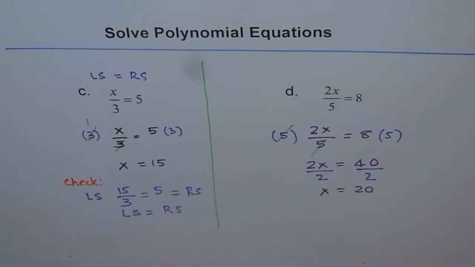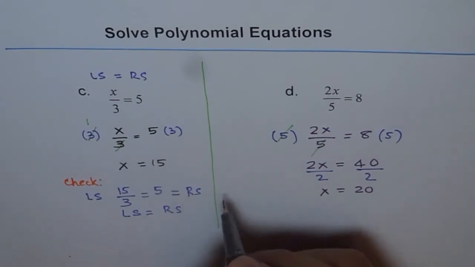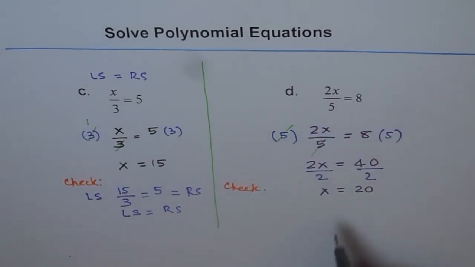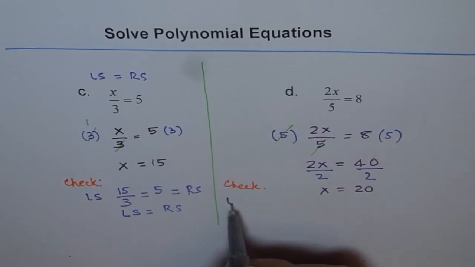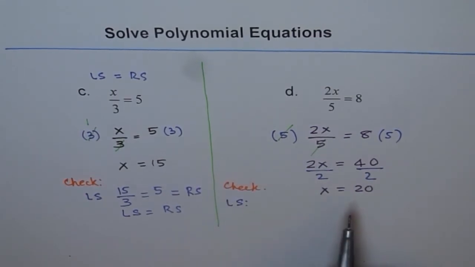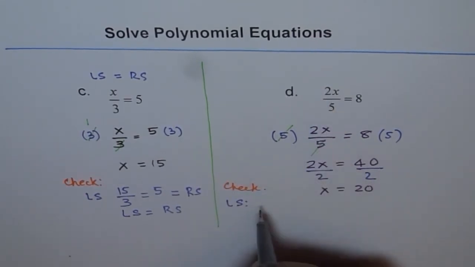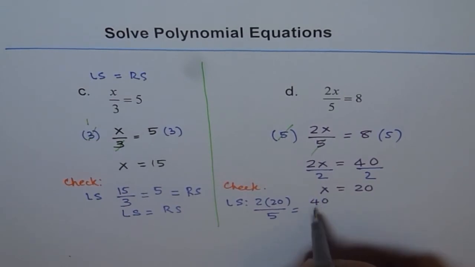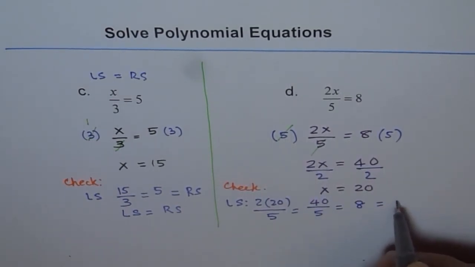Now we only need to check whether it is the right answer or not. Check means left side equals right side. So let's put x as 20 in the left side. What do we get? 2 times 20 divided by 5. 2 times 20 is 40, divided by 5, which is 8, which is equal to the right side, and both are true.